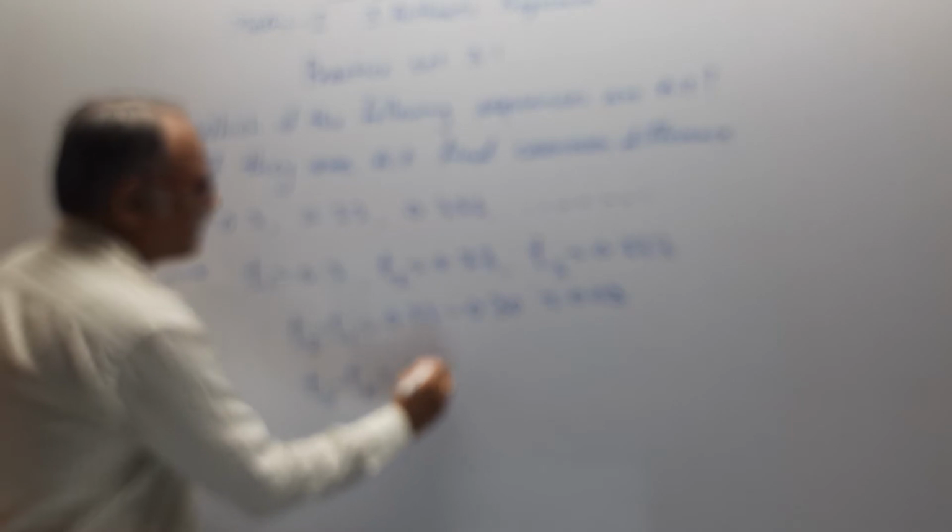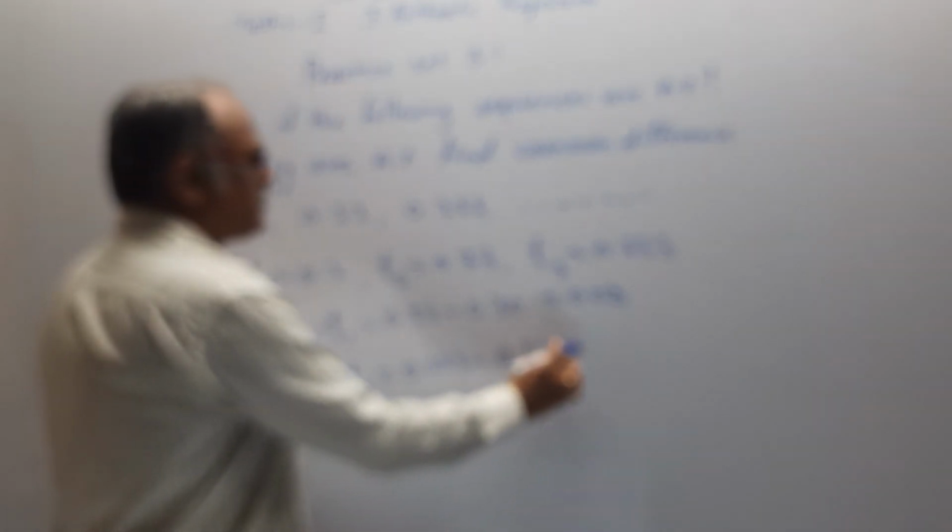T3 minus T2, 0.333 minus 0.33. 0.33, as it is 3 decimals, can be written as 0.330. Third decimal 3 minus 0, 3.